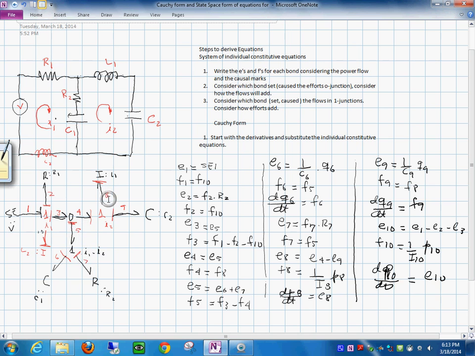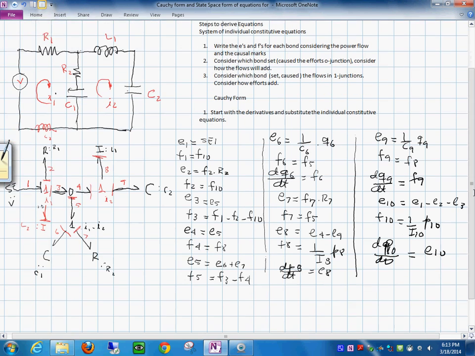Same thing over here, F sub 4 and F sub 9 are equal to F sub 8. So we are correct on doing this.